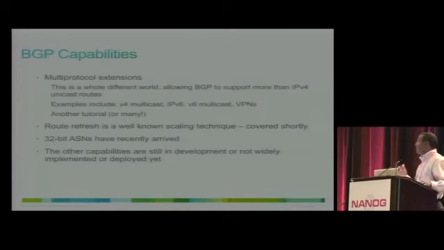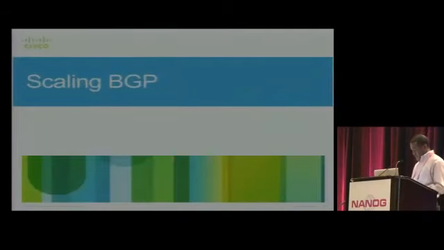There are several other types of capabilities that BGP supports. So that's the multi-protocol extension. Route refresh, and we'll discuss that shortly. 4-octet ASN support, we already discussed that. And there are some other capabilities in development.